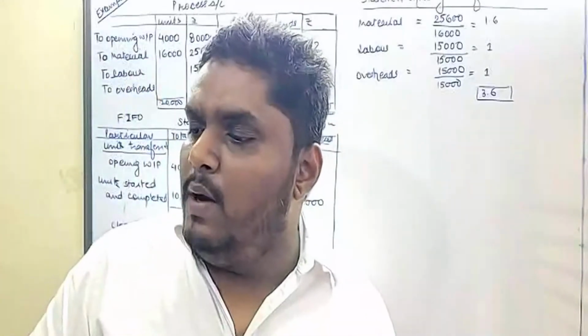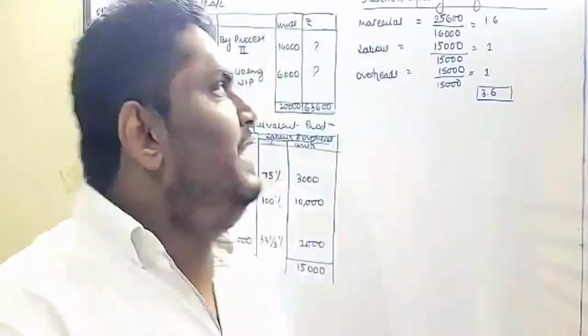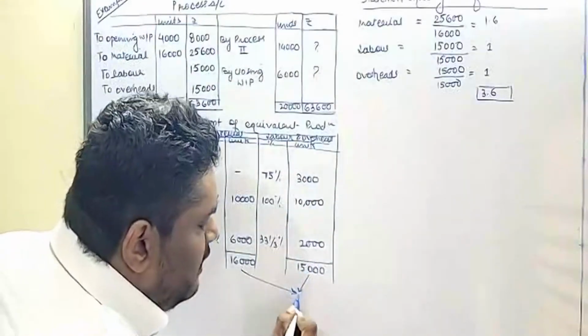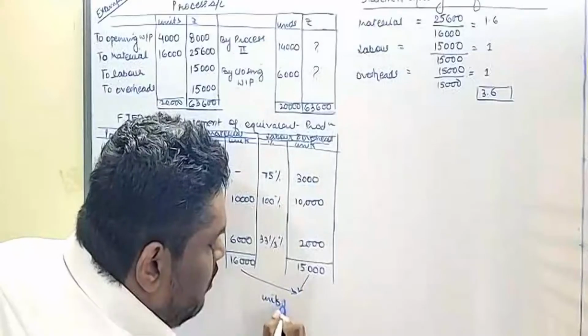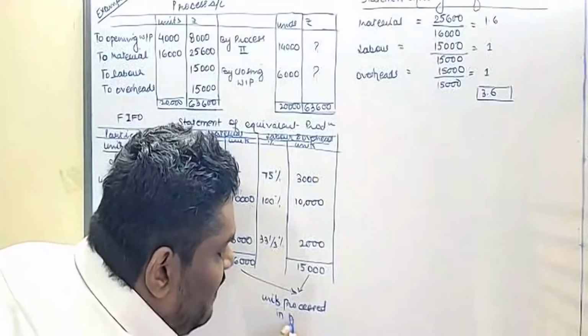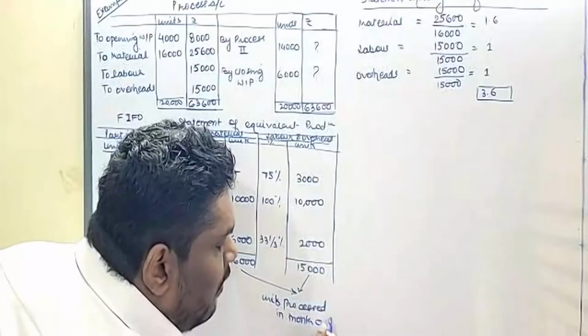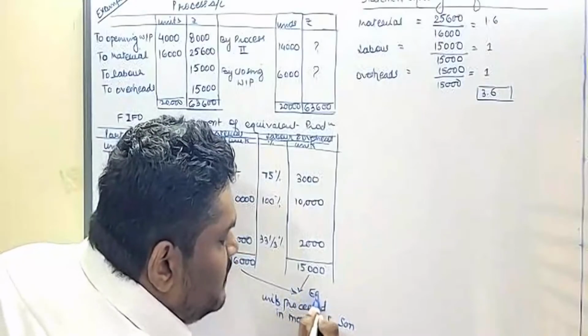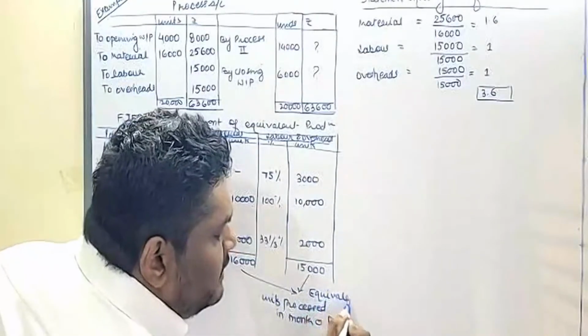So this is the statement showing cost for each element. See, these 16,000 and 15,000 represent what? The units processed in the month of Jan. Equivalent units, the better word is equivalent units.